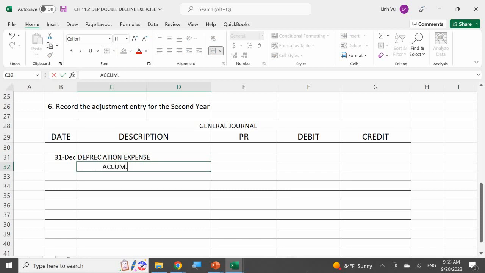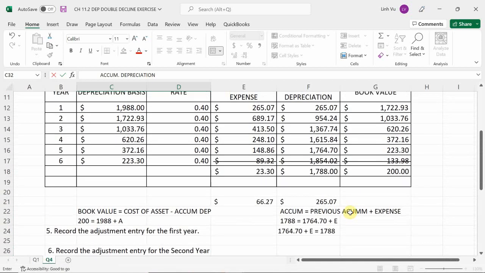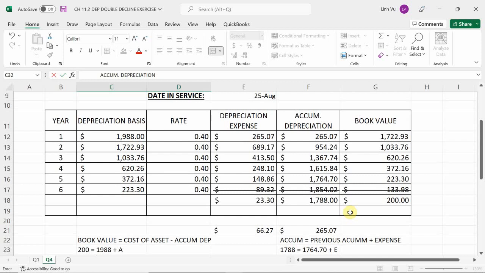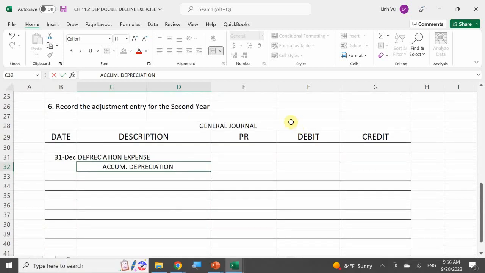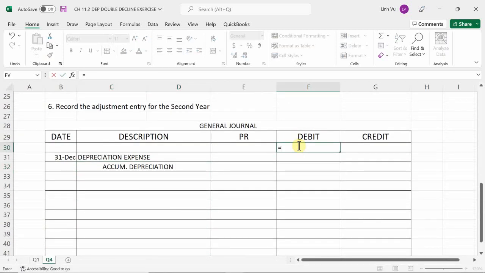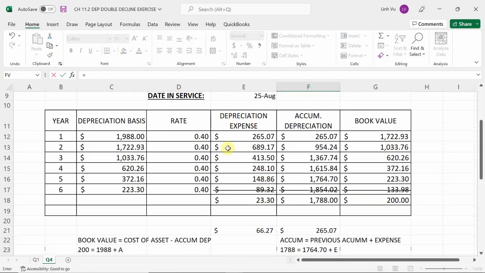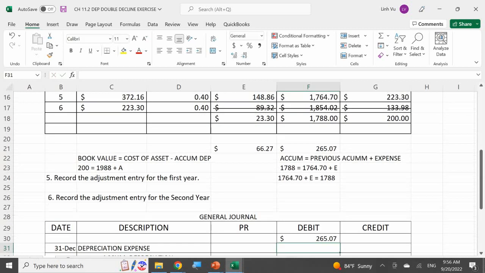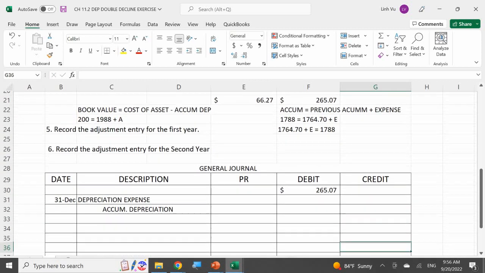Good. For how much for the first year? 265.07. And it's going to be the same for the accumulated depreciation.